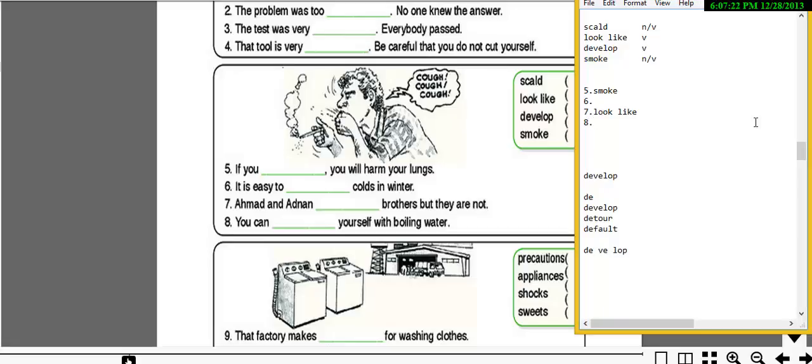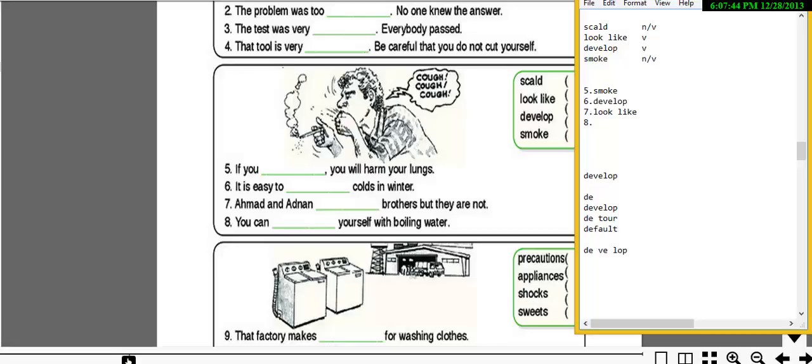If you want to guess with develop, think of it as maybe something that's changing, like detour. You're changing your tour or changing your direction, so you're actually changing something here.